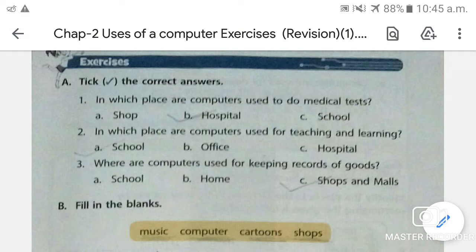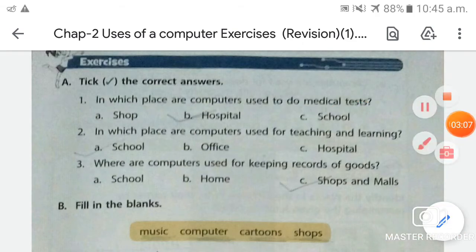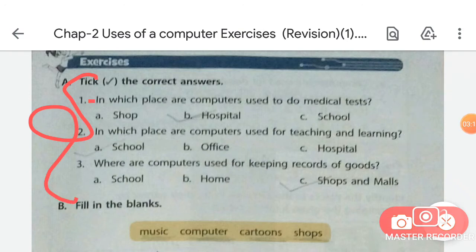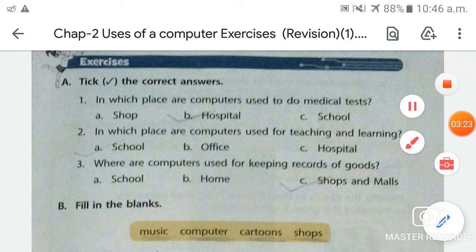Now the first question in this exercise is, in which place are computers used to do medical tests? You can see, students, 3 questions are given and each question has 3 options, and you have to choose the correct option and tick it. Is that clear?